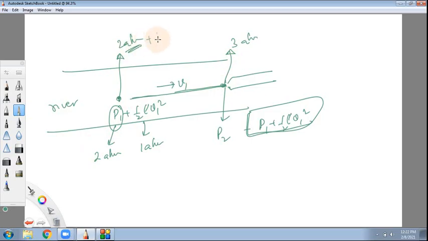It is this static plus the dynamic which was there. If you now take the difference, that comes out to be half rho V square. So the Pitot tube is measuring the stagnation pressure, which is more than the static pressure at other points in the moving fluid. This is the idea. This was something which I was missing in my lectures, and I hope this becomes clear.